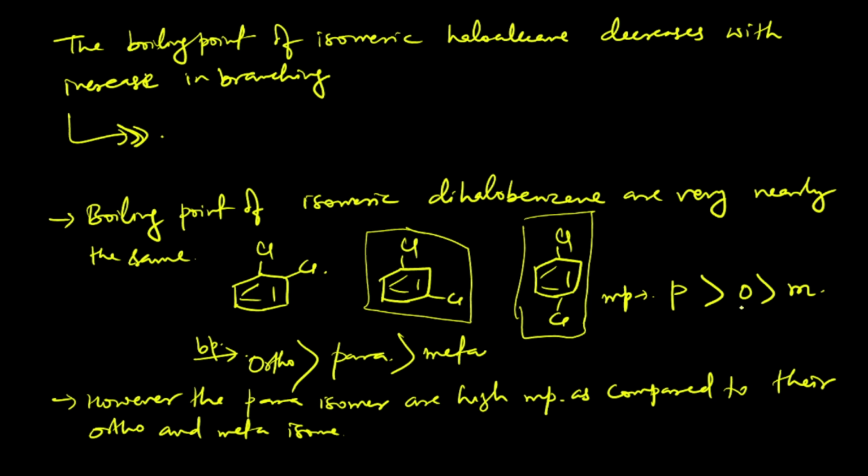Okay, why does the para isomer have more melting point?